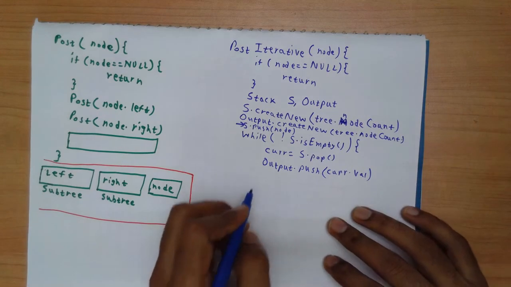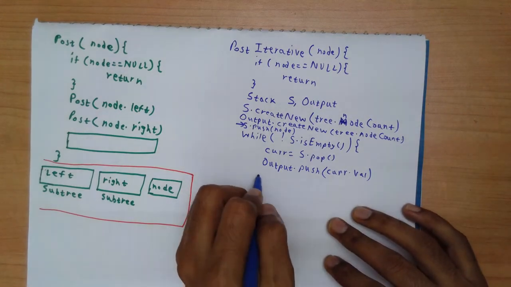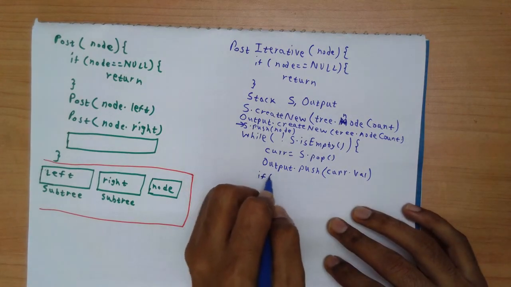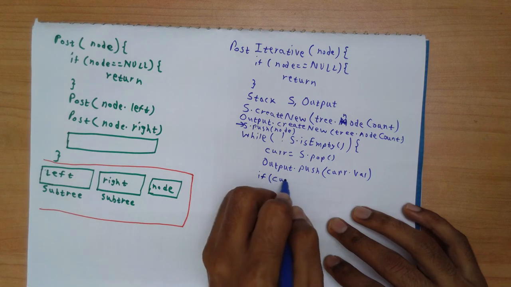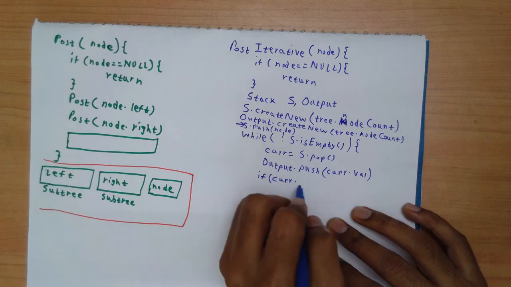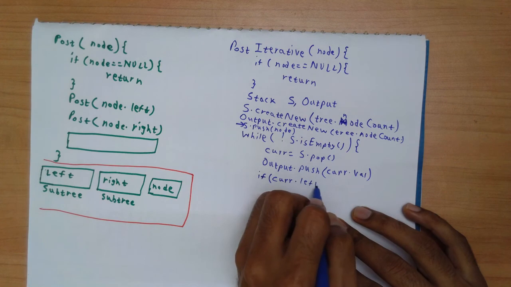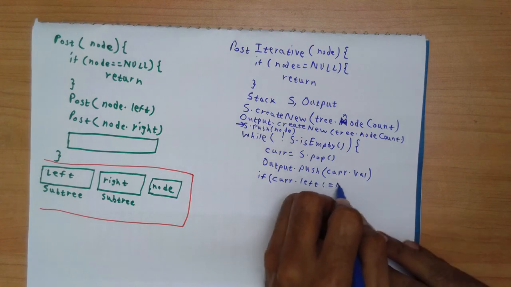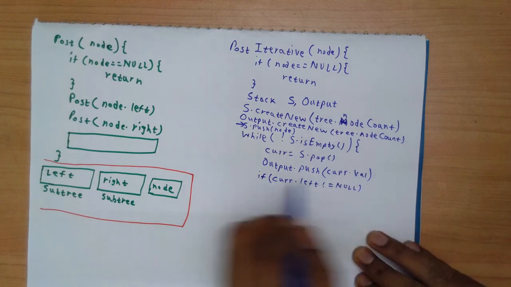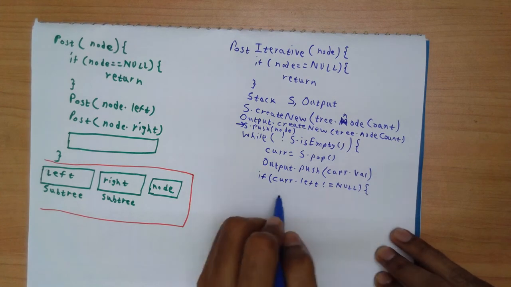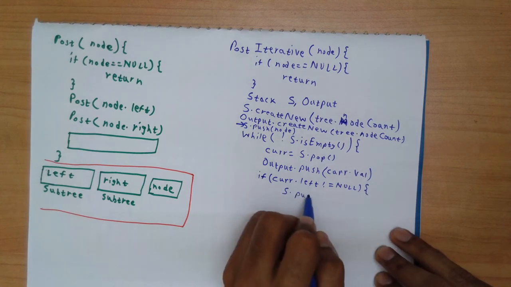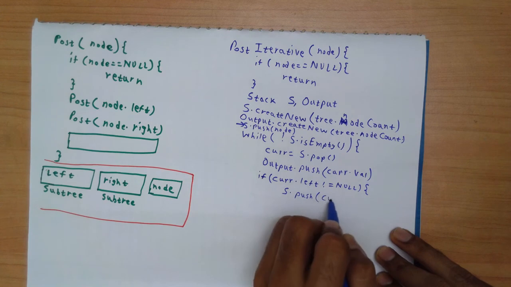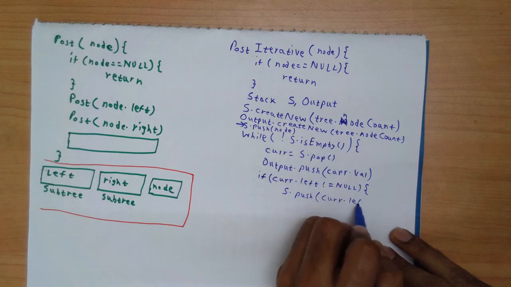So I'll first check if current.left is not equal to null. If that's the case, only then I would say s.push(current.left).